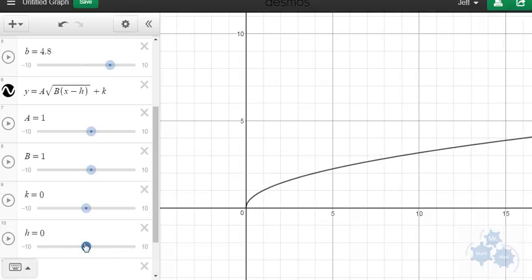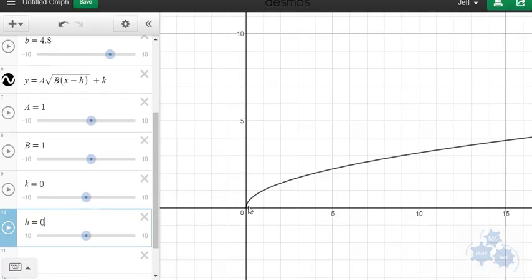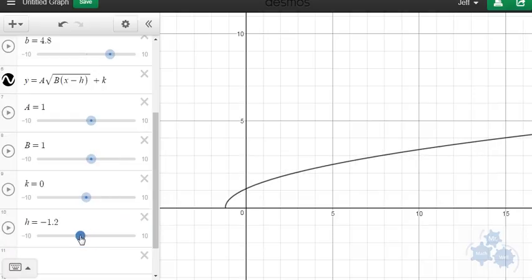Okay. So with y equals the square root of x, we have a domain of all real numbers. Or do we? No, we have a domain of x is greater than or equal to 0. If we move h, that domain changes. See that?